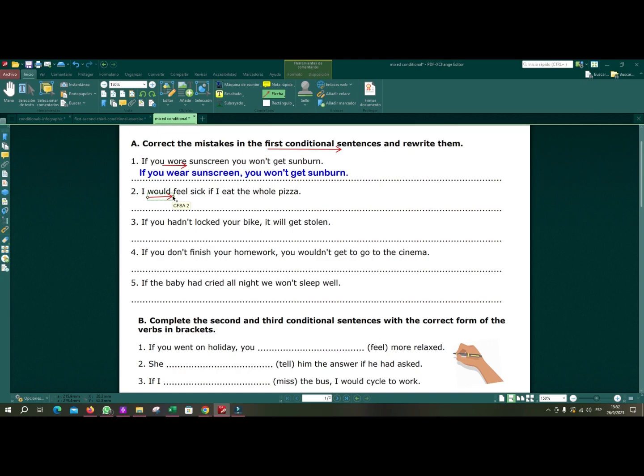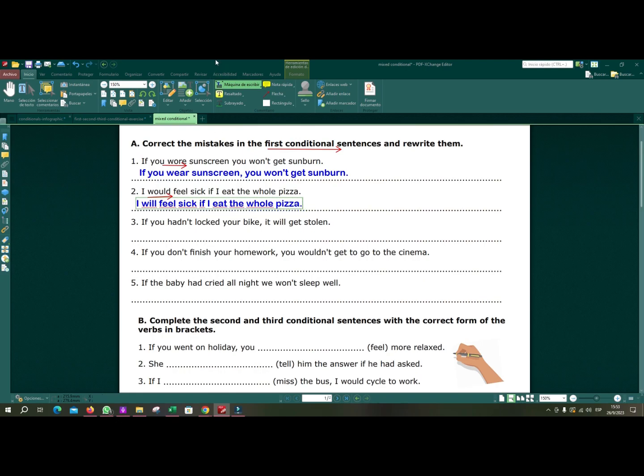So, in that case, that is the mistake. So, I will feel sick, right? If I eat the whole pizza, right? So I will feel sick if I eat the whole pizza. Okay?